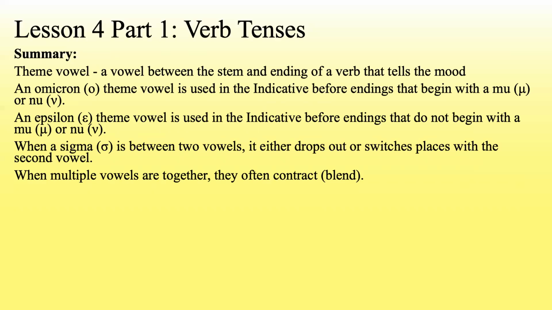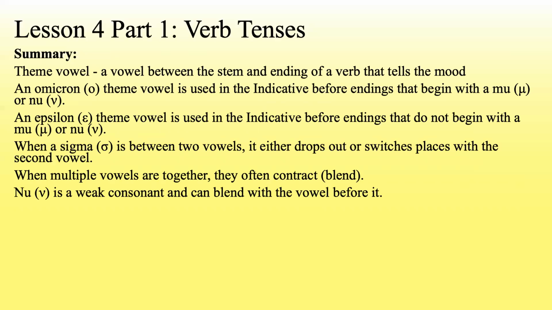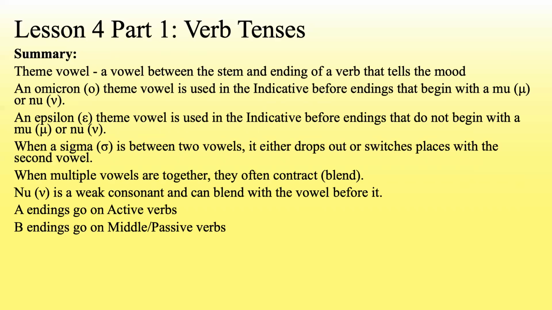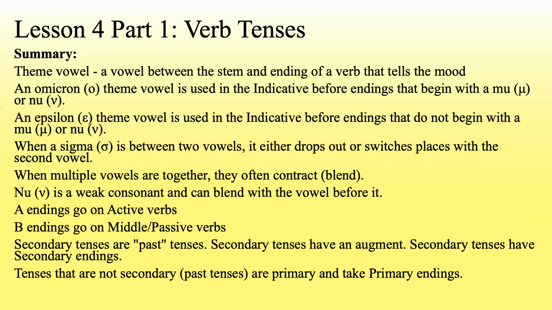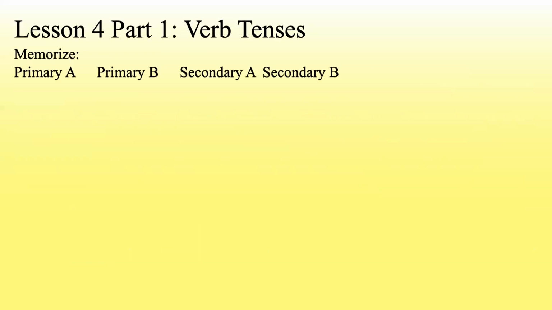When multiple vowels are together, they often contract or blend. Nu is a weak consonant and can blend with the vowel before it. A endings go on active verbs, B endings go on middle passive verbs. Secondary tenses are past tenses. Secondary tenses have an augment. Secondary tenses have secondary endings. Tenses that are not secondary or past tenses are primary and take primary endings.